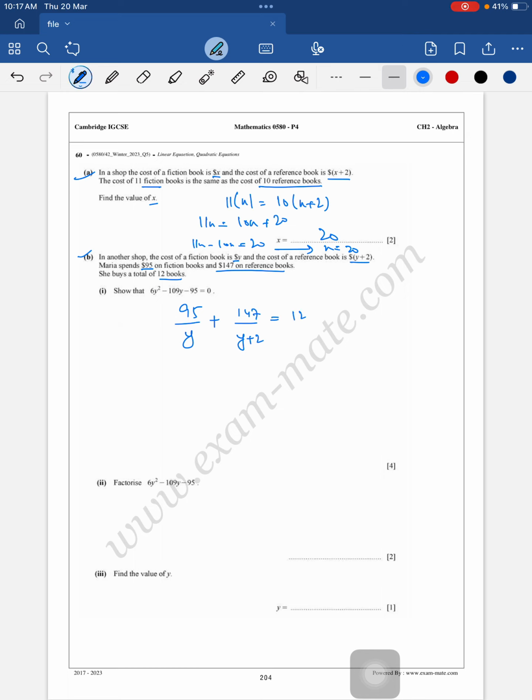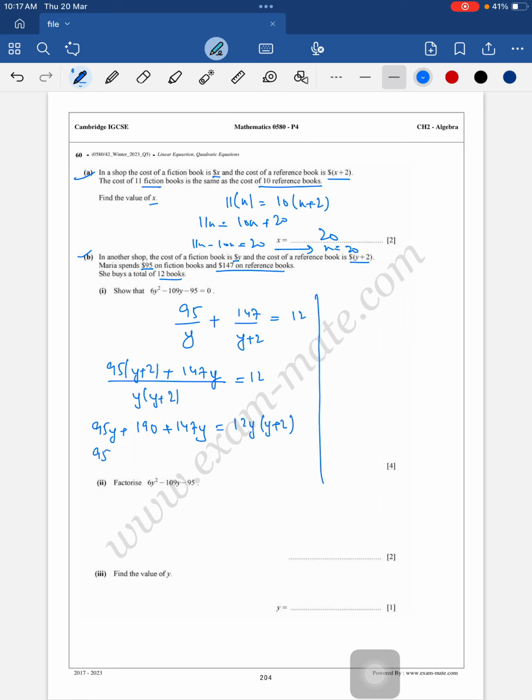Now taking the LCM, y into y plus 2. So y cancels, 95 into y plus 2, and y plus 2 cancels, 147y. So 95y plus 95 into 2 is 190 plus 147y is equal to 12y into y plus 2.